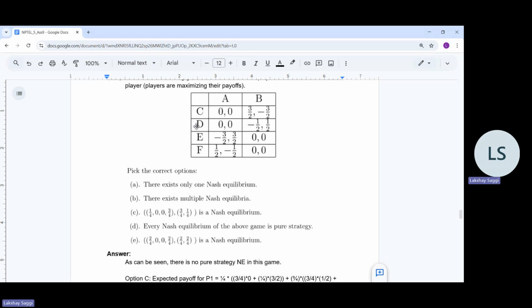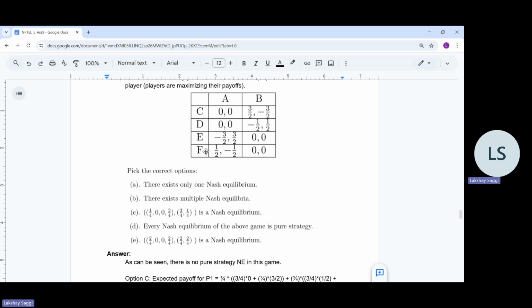What this means is these two rows will indeed be played with zero probability. Why would the row player want to give any probability to these? So only rows C and F will be played, and since these rows are played, their probabilities we can calculate, which was equal to 3/8.